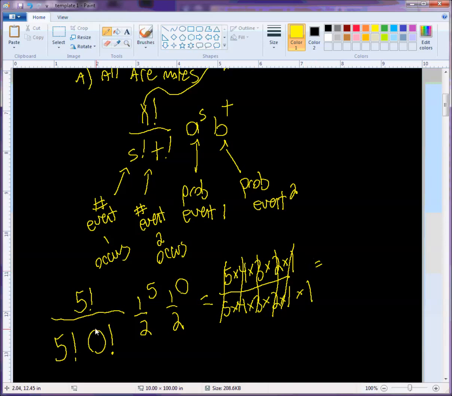So that whole thing reduces to 1. And then we have 1/2 raised to the 5th times 1/2 raised to 0, and this is going to be 1. And so then we're just left with 1/2 raised to the 5th. So we have a 1 out of 32 chance of all the children being males.